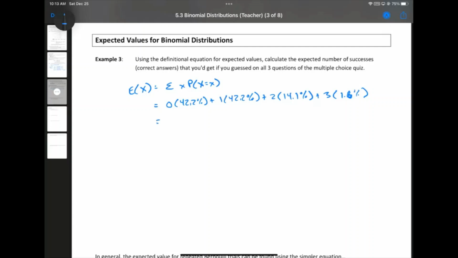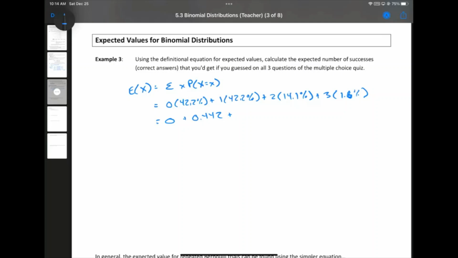Okay, so I'm going to work these out, and I'm going to convert all of these percentages into decimal numbers as I'm doing them, because remember that expected value is not a probability, it's not a percent, it's a number of correct questions. The first one I can do in my head because that's 0. The second one I can do in my head because it's 1 times something.